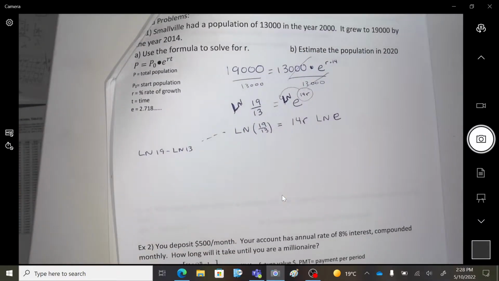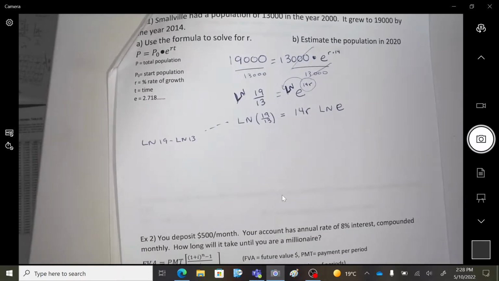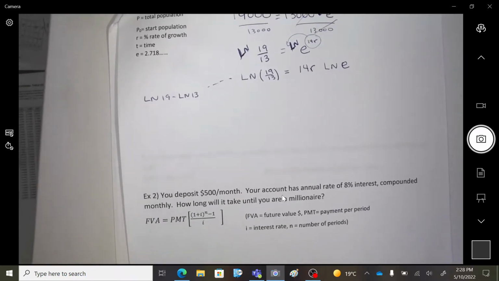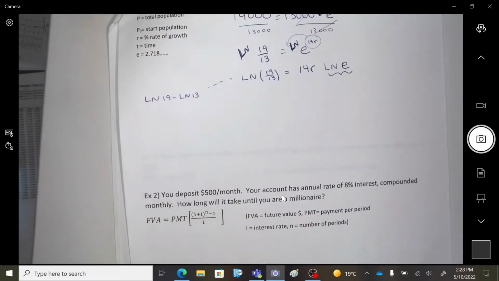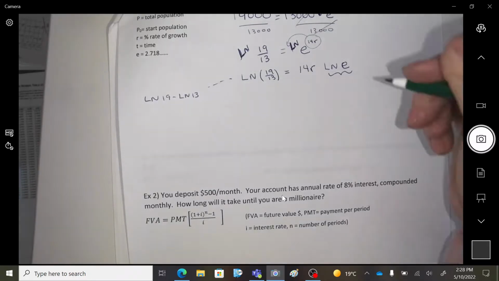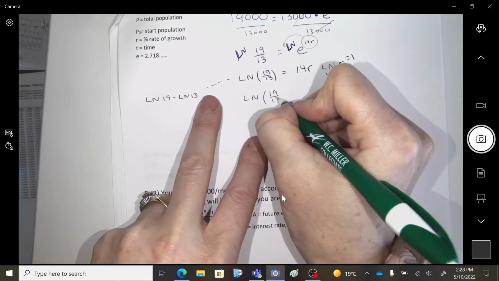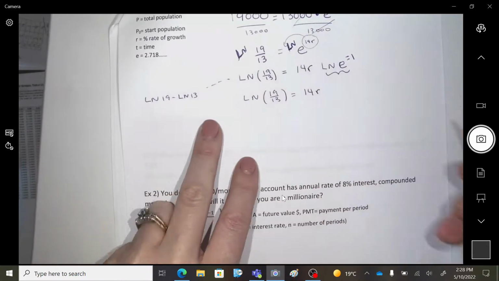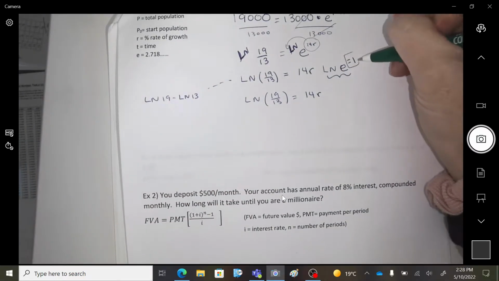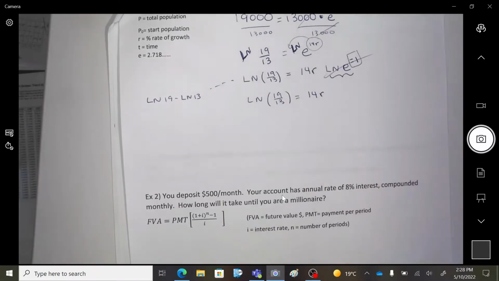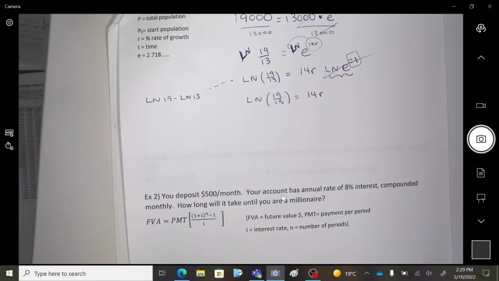If you had done that, we will get to the same answer. But I'm not going to do that. It would have been fine. Does anybody remember what the ln of E actually is as a number? 1. So if that equals 1, you can just cross it off because I don't really need it.